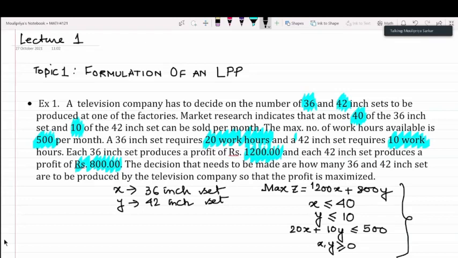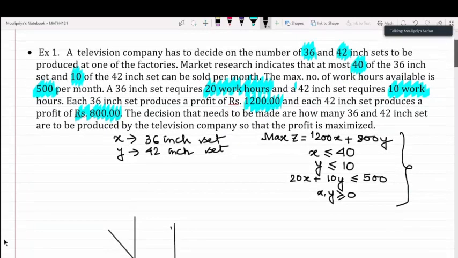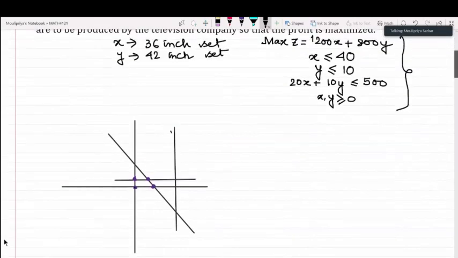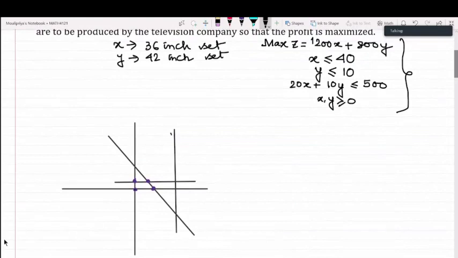Now, see, this problem is restricted to two dimensions, x and y. It's restricted in R2 only. Am I right? Only the x and y axes are involved. So what we can do is, this is our x axis and this is our y axis.